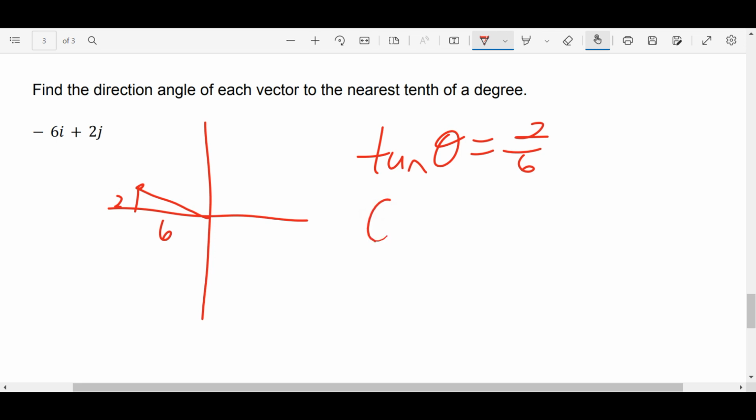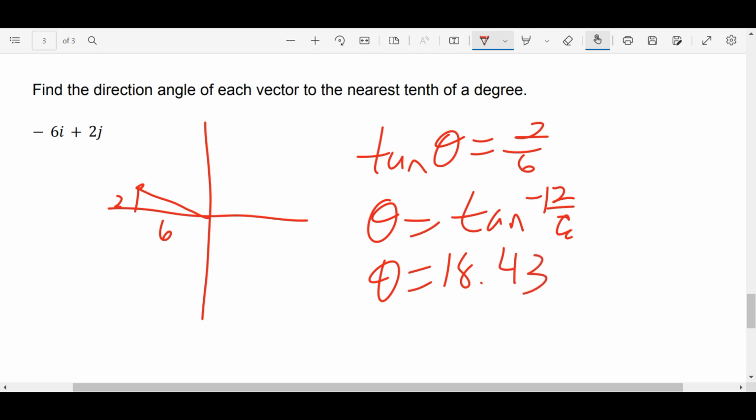So if you did inverse tan like you should, inverse tan of 2 over 6, what do you get? You get theta is equal to 18.43, but that's not the answer, okay?